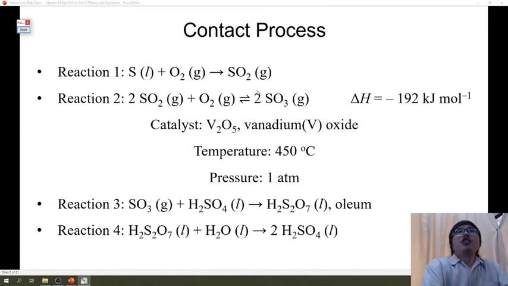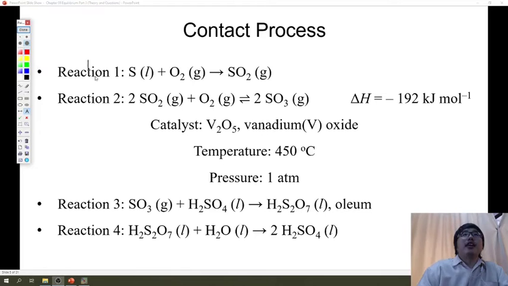Next, we're going to talk about the contact process. The first step is sulfur. How do you get it? First, you heat up solid sulfur until it melts, react it with oxygen, and then it forms SO2.